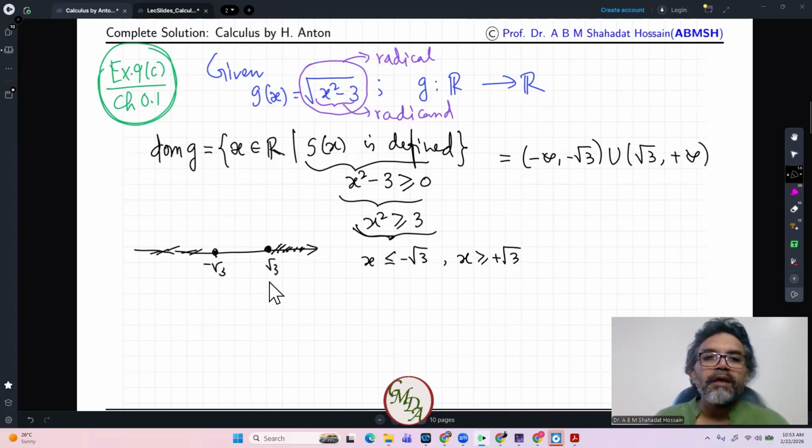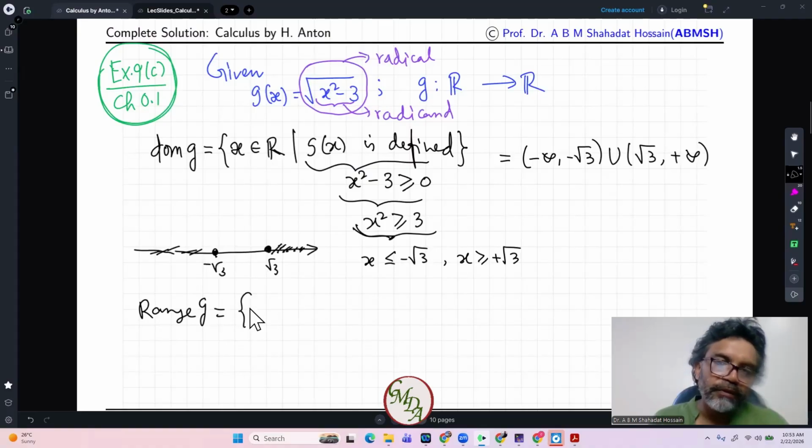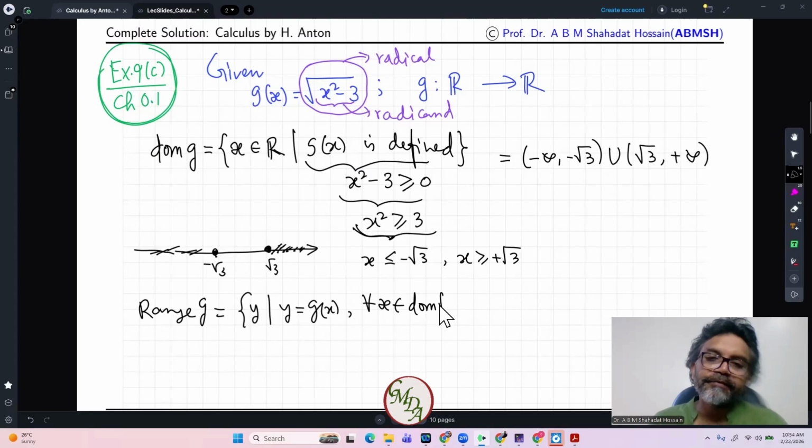Now to find the range of this function g, we know it is the set of all outputs y such that y comes from this formula, g of x, for all x belonging to the domain of f.